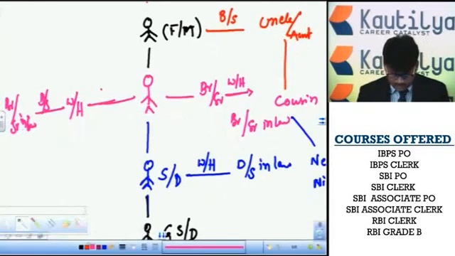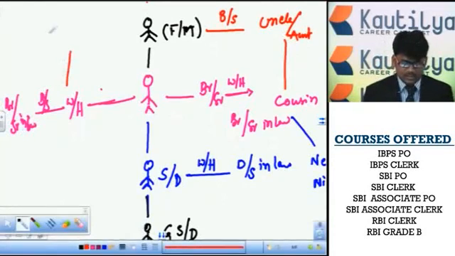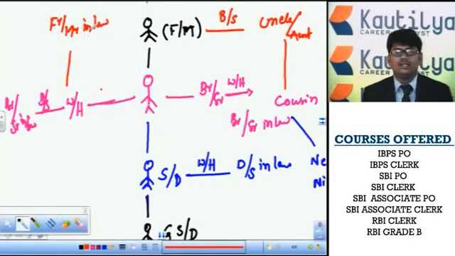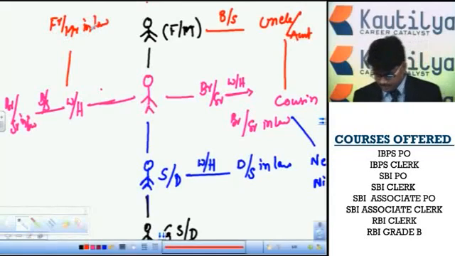These persons' parents are called father-in-law or mother-in-law. These are the relationships.